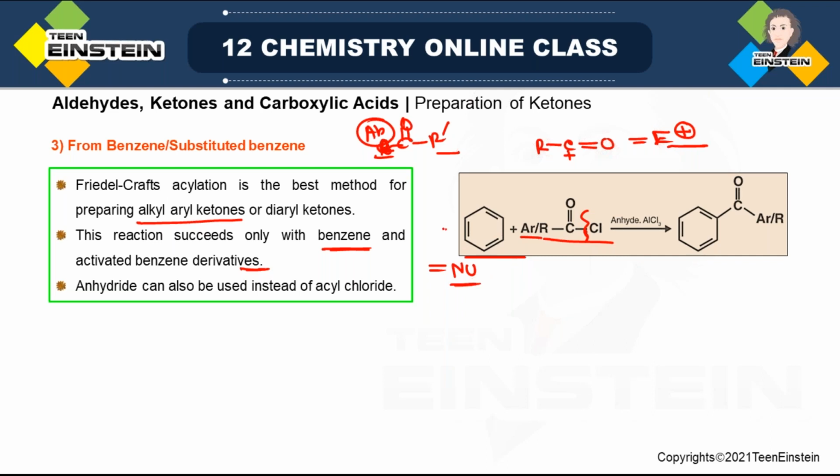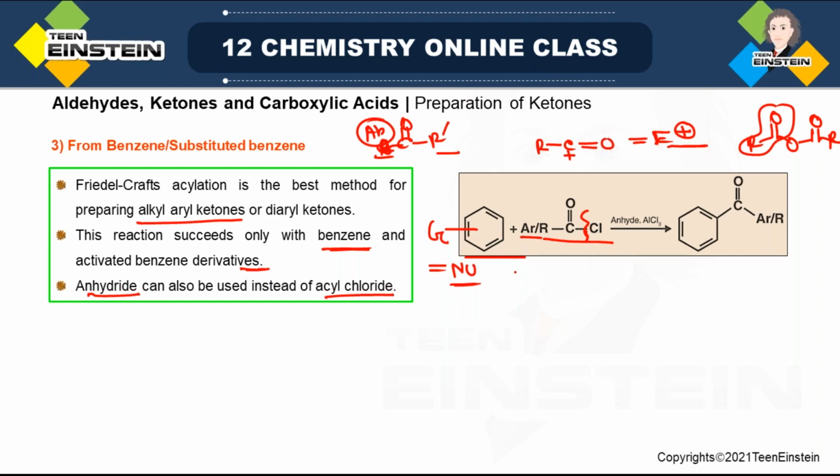So if there is some group present, I am writing in general, suppose G is any group present in benzene which has some donating character, then it will be helpful for the reaction. Now instead of acyl chloride, you can also use an anhydride, which has a structure like this, RCO-O-COR. So here also the same electrophile, RCO+, can be generated.